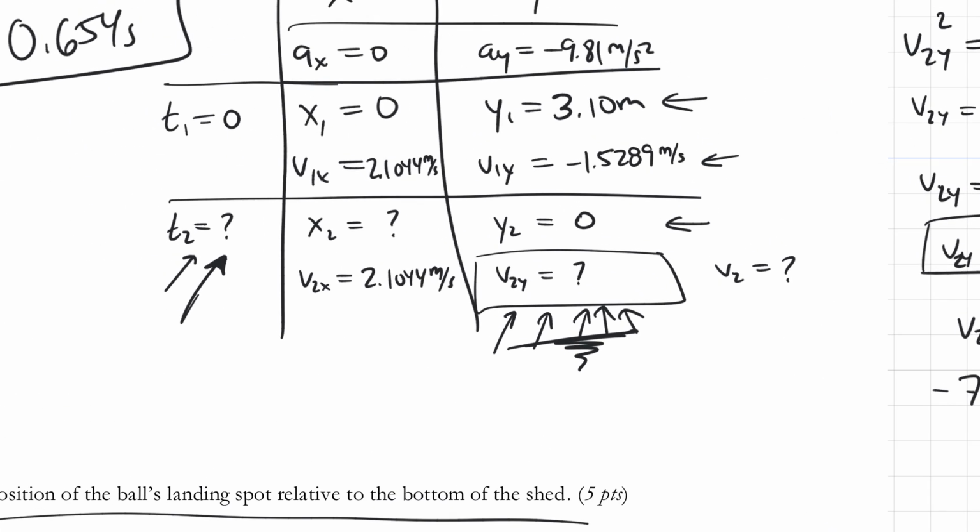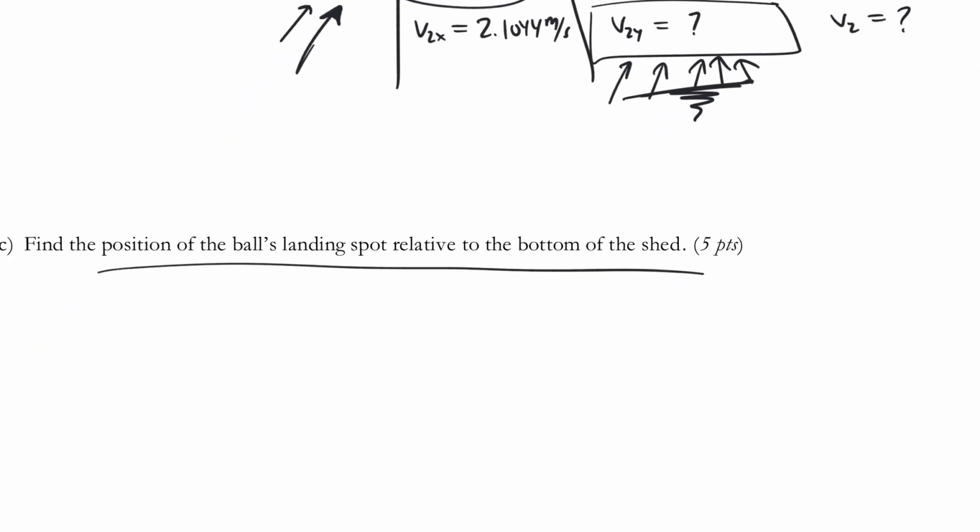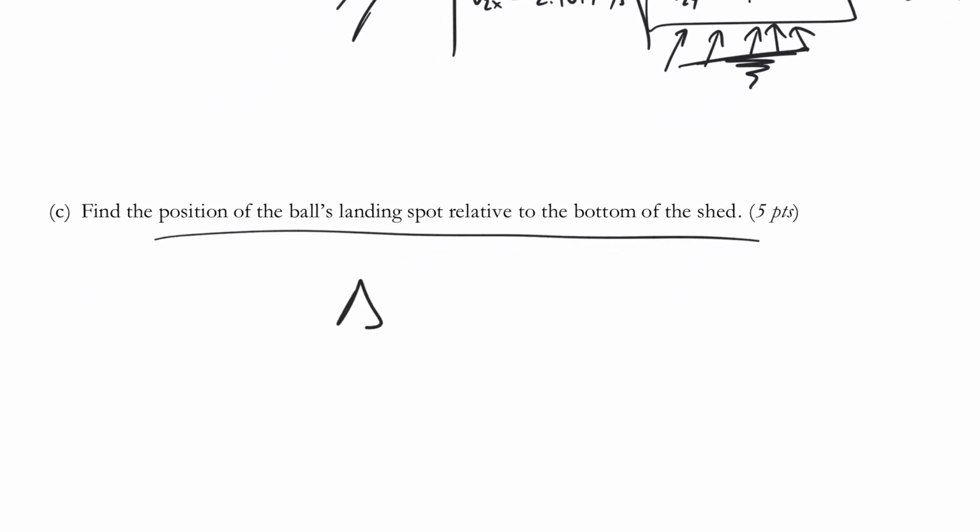Okay. Find the position of the ball's landing spot relative to the bottom of the shed. So now we're looking for x2. And remember, x is always easy once you get time, right? So delta x equals v naught x, or no, in this case, it'll be the initial velocity, which is velocity at 1 times time from 1 to 2 plus 1/2 ax t 1 to 2 squared.